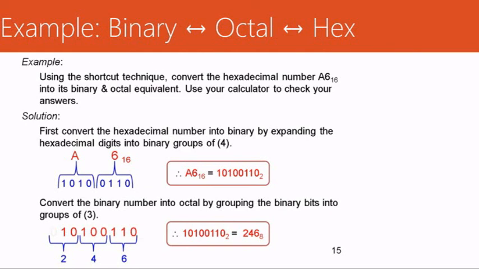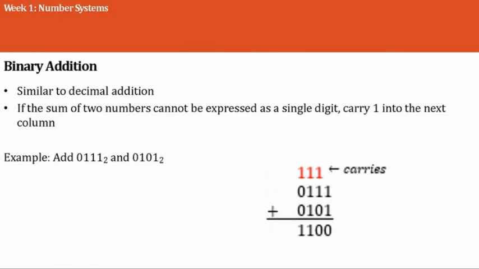And converting them into its decimal equivalent, 1, 1, 0 is equal to 6, 1, 0, 0 is equal to 4, and we have 1, 0 that would be equal to 2. So therefore, 1, 0, 1, 0, 0, 1, 1, 0 base 2 is equal to 246 base 8.